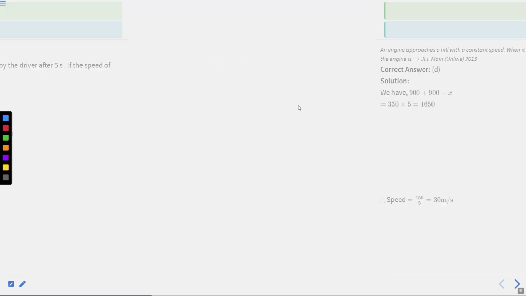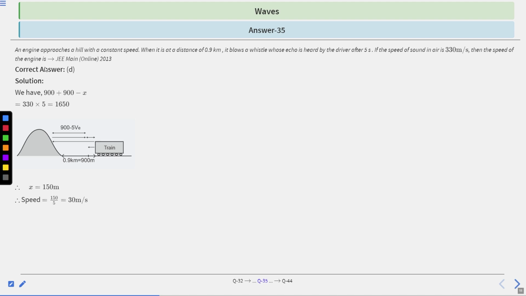Let's find a solution. So, an engine approaches a hill like this. A train engine approaches a hill, with a constant speed. The speed of this train engine is constant.